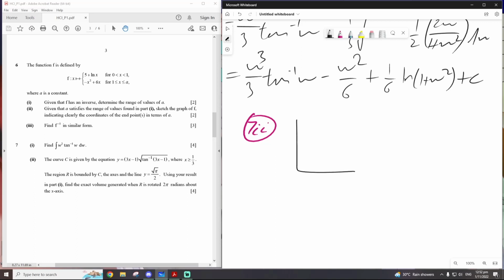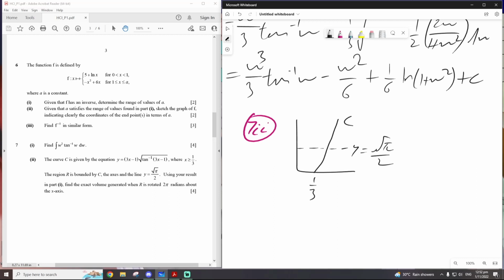I don't really need to do any hard work for this. I just sketch the general shape of the curve. Just looks like that. Okay, the intercept will be 1 over 3. And we have the line y equals the square root of pi over 2. So this is the curve C.